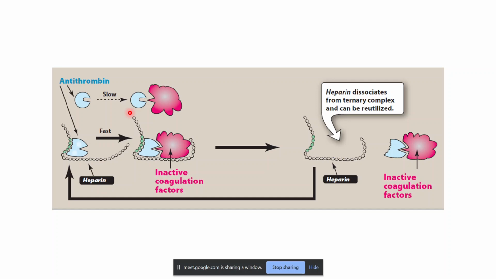The mechanism of action of heparin is based on binding to antithrombin 3, and that leads to the inactivation of the coagulation factors. Antithrombin 3 is also active in inactivating the factors without heparin, but with heparin it's more active.